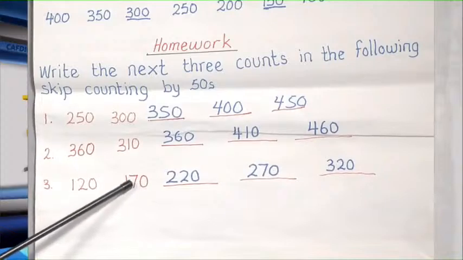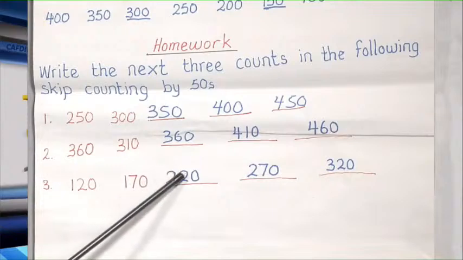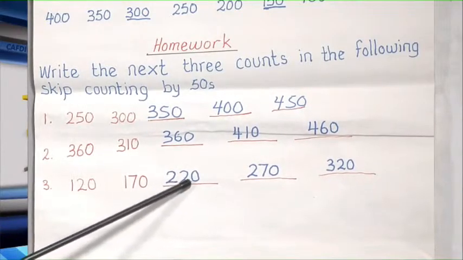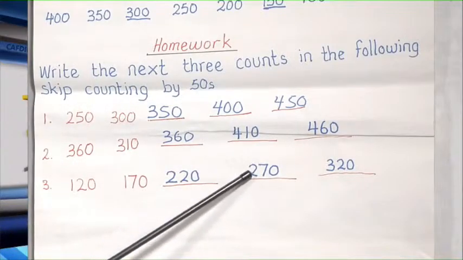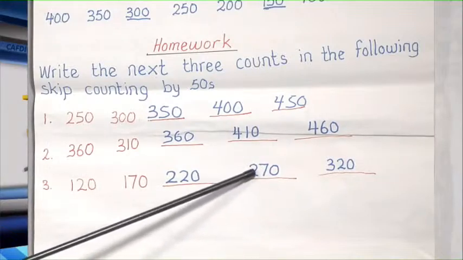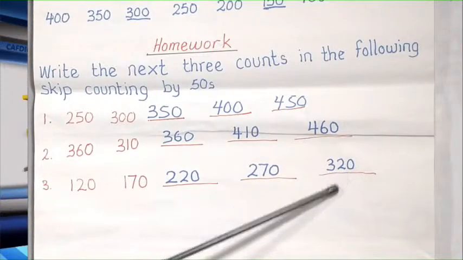So this 170, when you add 50 to it, you get 220. So 220, when you add 50 to it, you get 270. And with this 270, when you add 50 to it, you get 320.